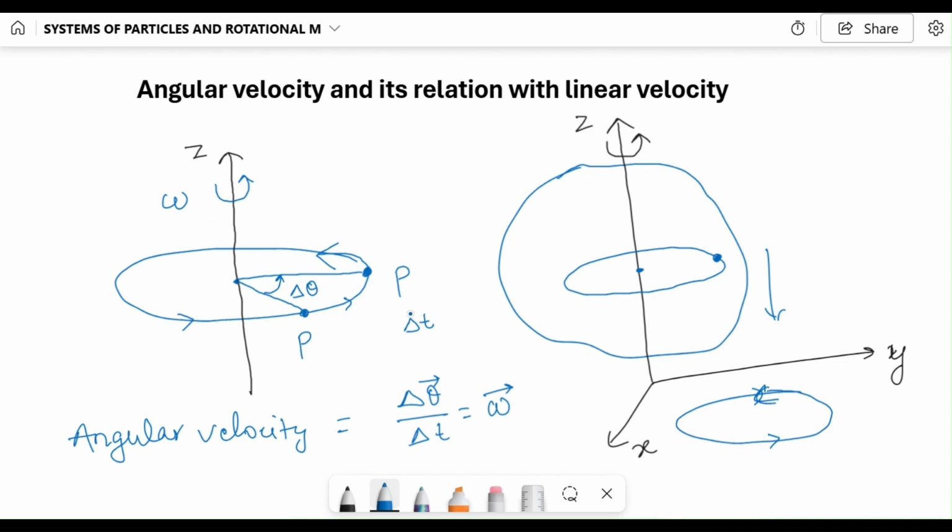So using the right hand rule, if we curl the four fingers about this motion, the thumb will indicate this direction. So the angular velocity is in this direction.